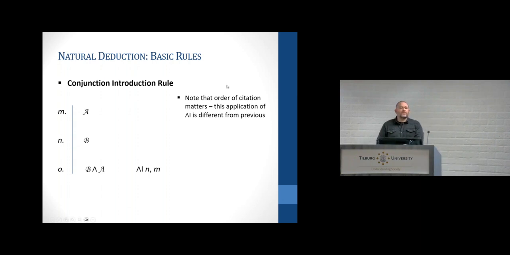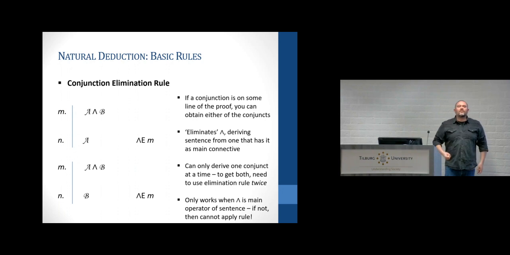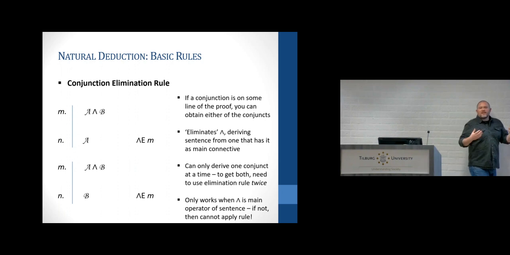So that's conjunction introduction. Our second rule is conjunction elimination. Conjunction elimination says if you have a conjunction, you can break it and get one of the conjuncts. Note, if you wanted to get both conjuncts, you've got to use the rule twice, just like we did with the practice proof a few minutes ago, right?